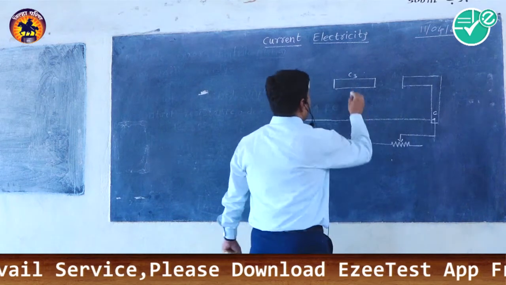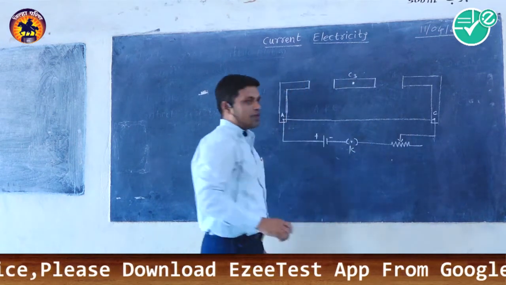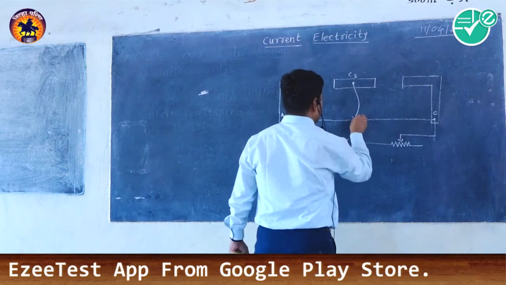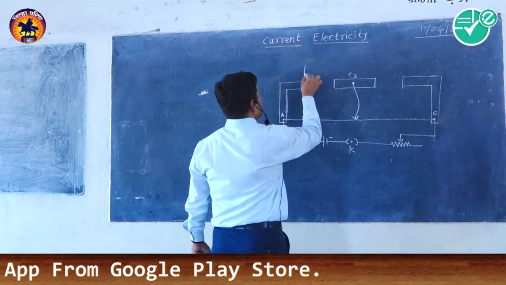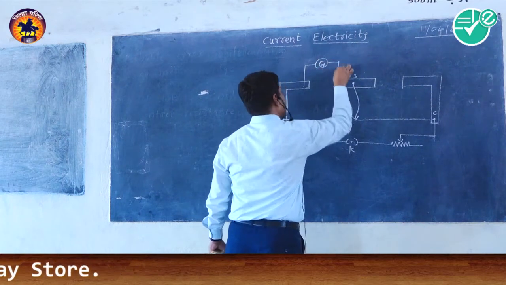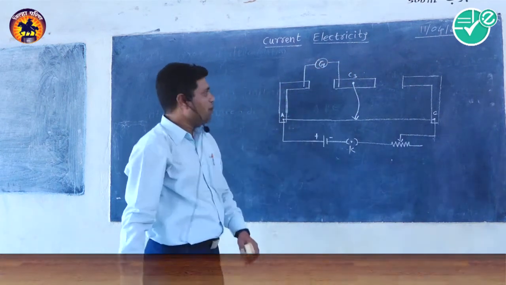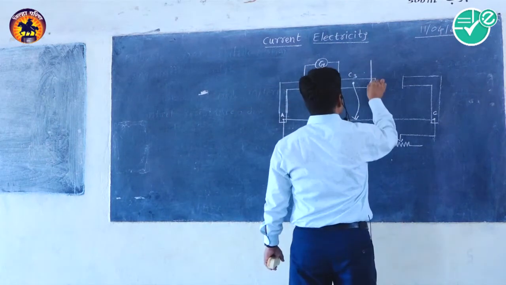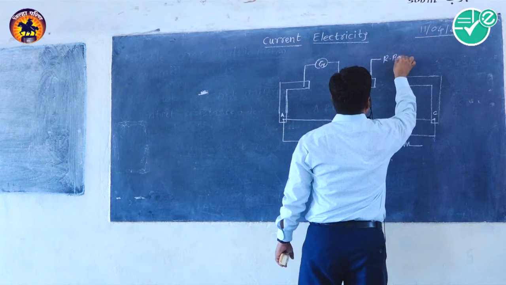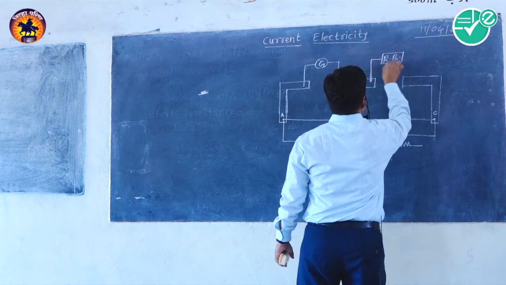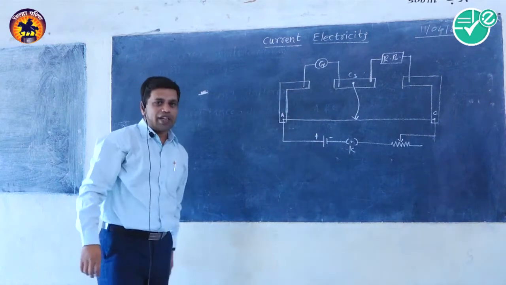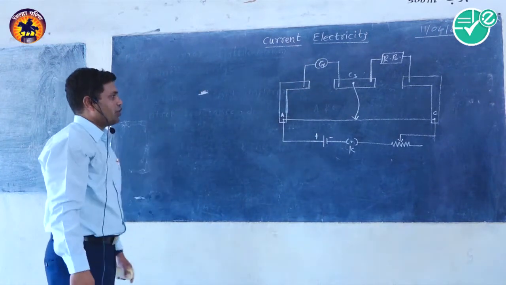Now, at point B of copper strip C3, you have to connect a jockey directly, and the galvanometer whose resistance is to be determined is connected in the left gap of the meter bridge, and a known variable resistance, RB, meaning resistance box, is connected in the right gap of the meter bridge.